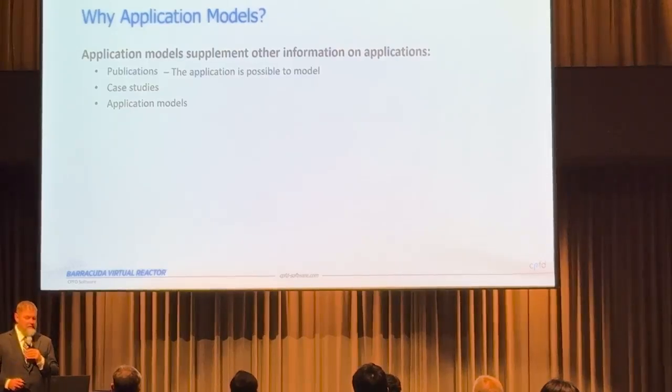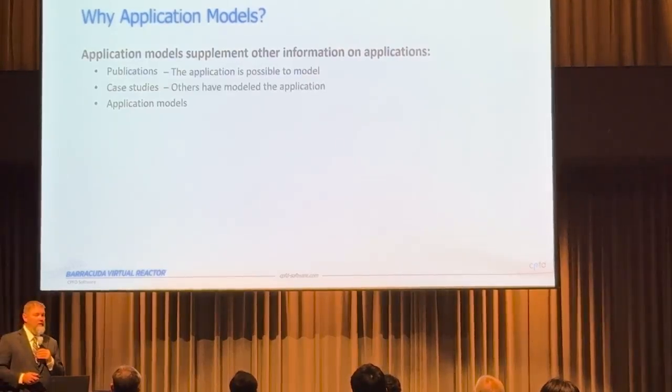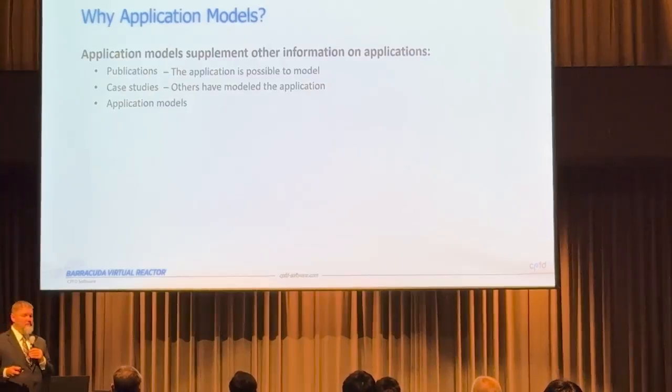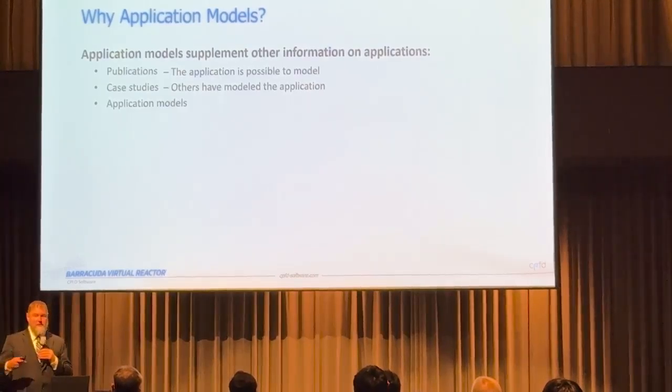Then you have what I call, and this is just my terminology, not rigorous research, a case study. The case study is what I briefly presented this morning. It's typically what an industrial customer has done to solve a problem. So case studies show that others have modeled the application. It's not just that it can be done, but others have done it, and they usually show some good success, because otherwise people don't publish.